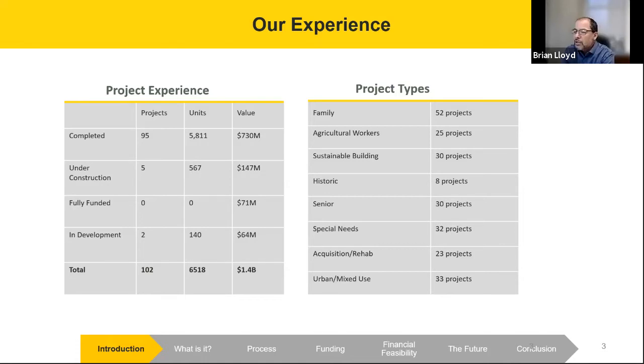On this slide, you can see our experience covers all types of projects: family, senior, farm worker, special needs, urban, rural, etc. We've done about 100 projects in our 25-year history now.